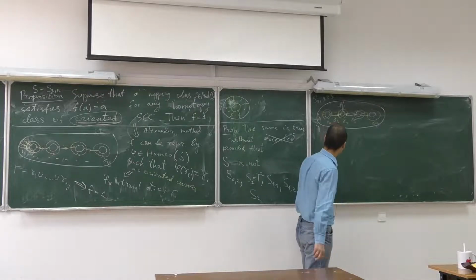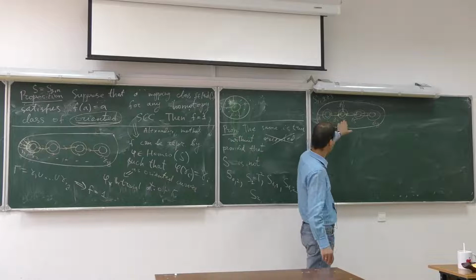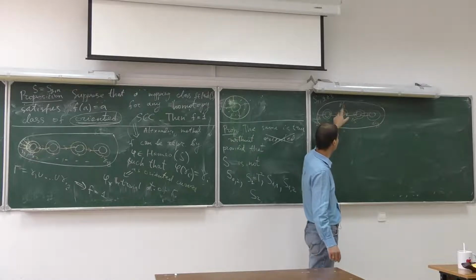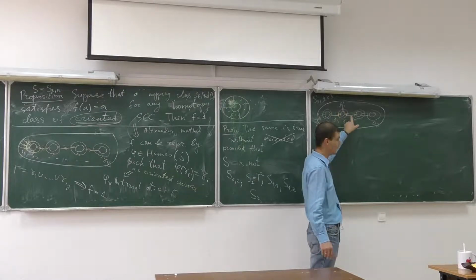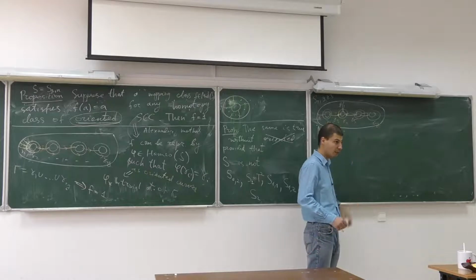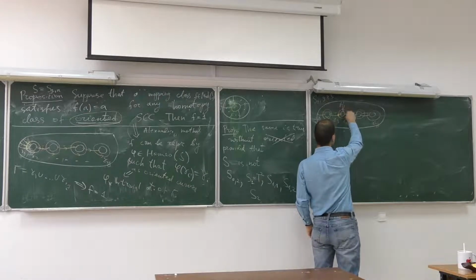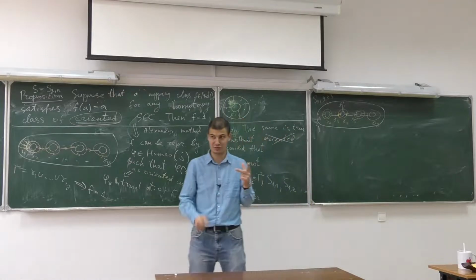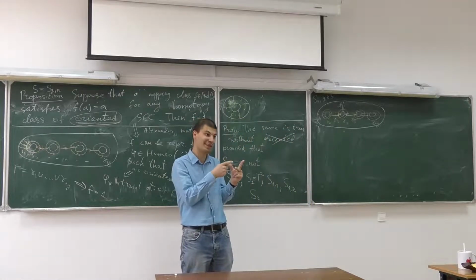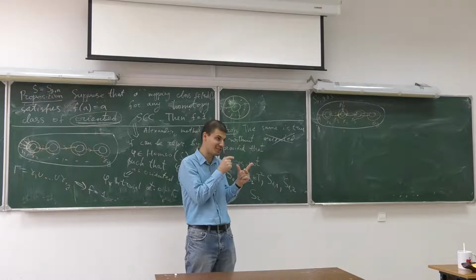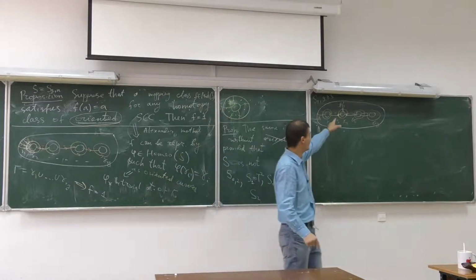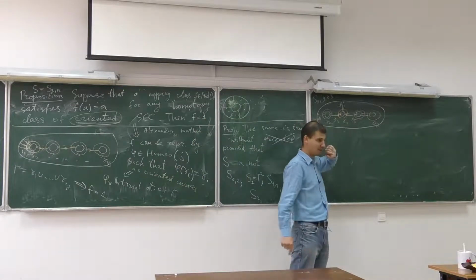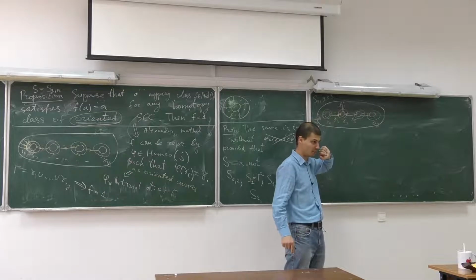So it fixes gamma 4 and it fixes each of the curves beta, gamma 3 and gamma 5. Hence, this homeomorphism fixes these 3 intersection points. But now 3 intersection points, unlike 2 intersection points, provide the orientation of gamma 4.